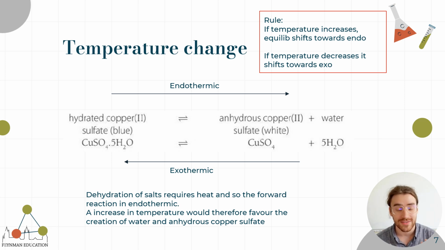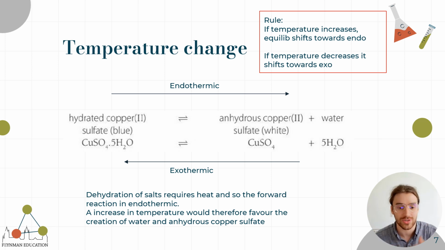So we know that if temperature increases, it's going to favor the endo reaction. If temperature decreases, it's going to favor the exo reaction. So the dehydration of salt is going to require heat, and so the forward reaction is endothermic. To dehydrate something, to remove its water, you put heat into it.